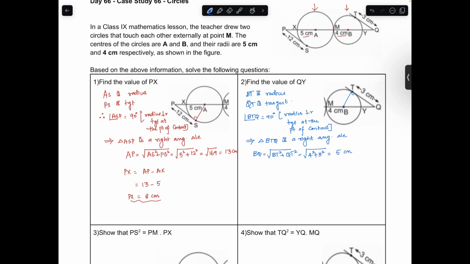This gives us 5 centimeter. QY is a part of BQ. We have got the value for BQ. QY can be written as BQ minus BY. Here BQ is 5 centimeter and BY is the radius which is 4. So it is 1 centimeter.